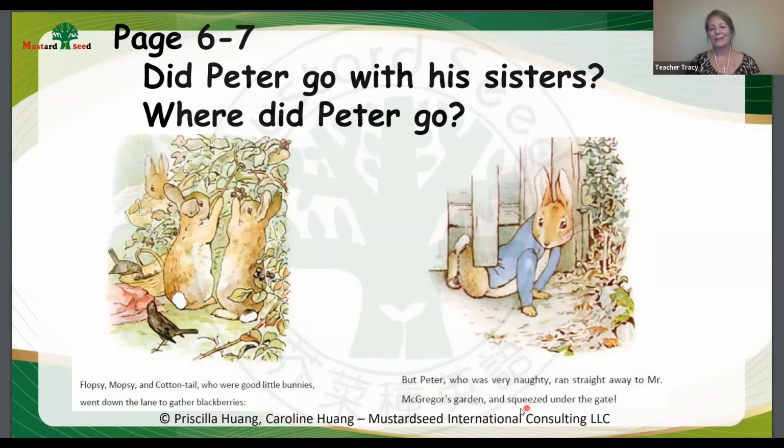And over here, this word right here, Rebecca, is squeezed. Squeezed. So do you see him kind of squeezing underneath here? He doesn't really fit, does he? So he's really having to make himself very small to try to squeeze through there. So that's the word squeezed.